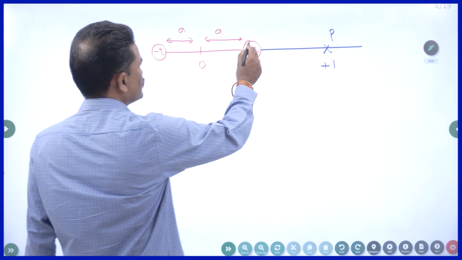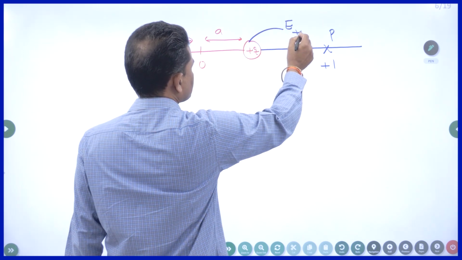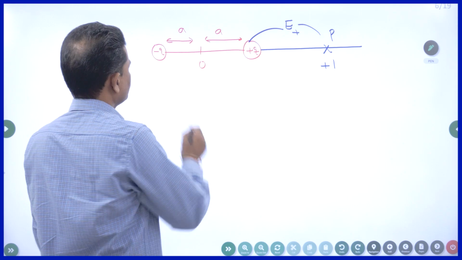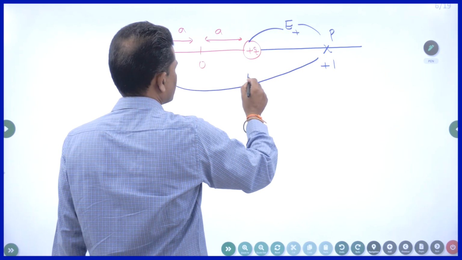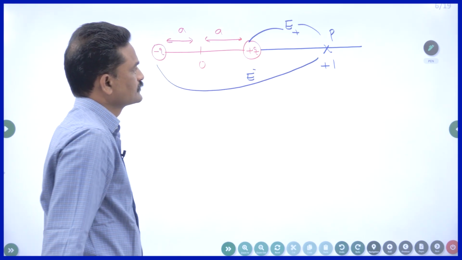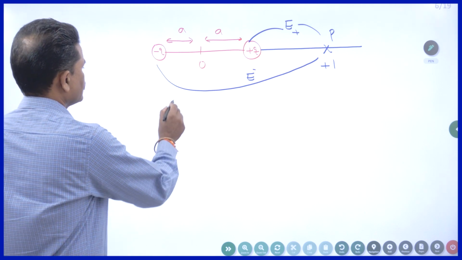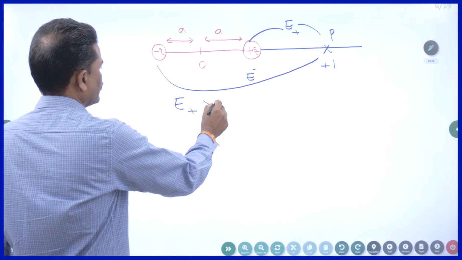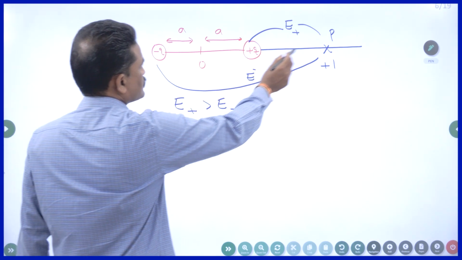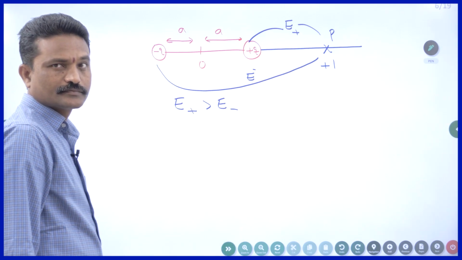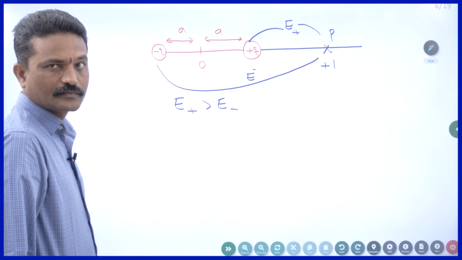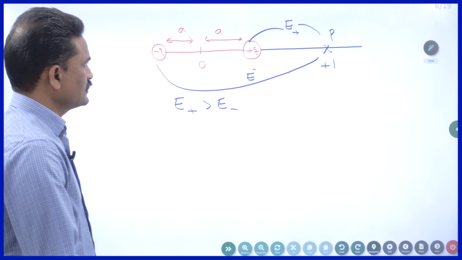One force is due to the positive charge; let us say that is E plus. The other is due to the negative charge; let us say E minus. E plus is definitely greater than E minus. Why? Because it is nearer.